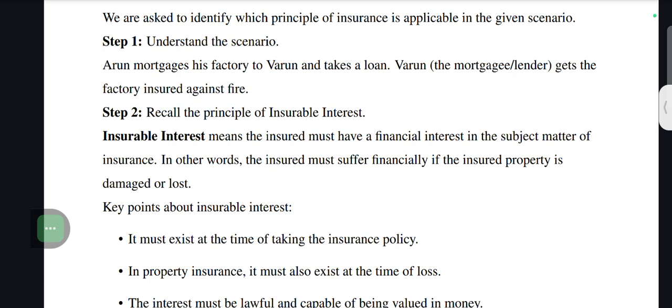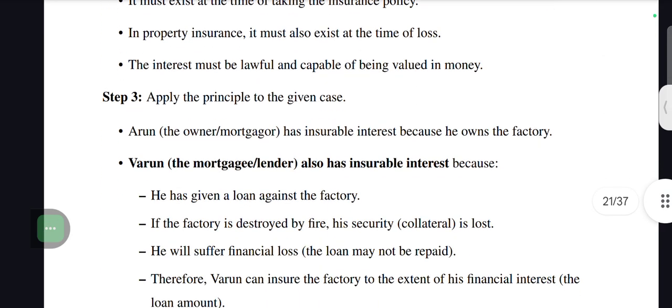So this recalls the insurable interest definition that we learned, where the insured must have a financial interest in the subject matter of insurance. It must exist at the time of taking the insurance policy. Arun, the owner, has insurable interest because he owns the factory. Varun also has insurable interest because he has given a loan against the factory.